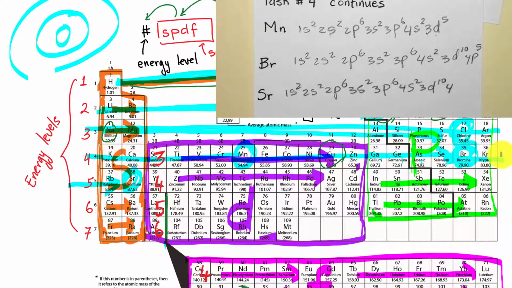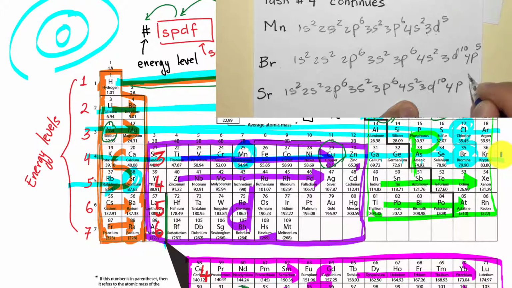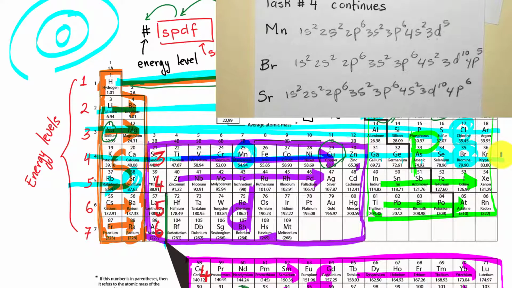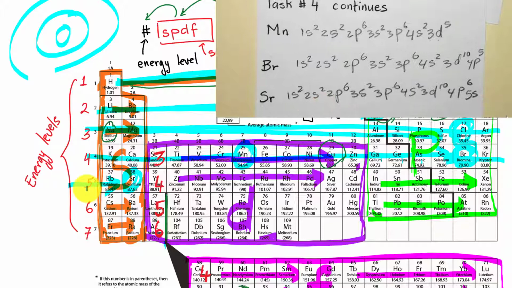Notice how we pass bromine and completely fill that p sublevel, and we go to the next level. Here we have 5s, and that's the first electron, that's the second electron. And there you go, that would be for strontium. And that is how we use electron configuration to describe the location of every single electron in an atom.